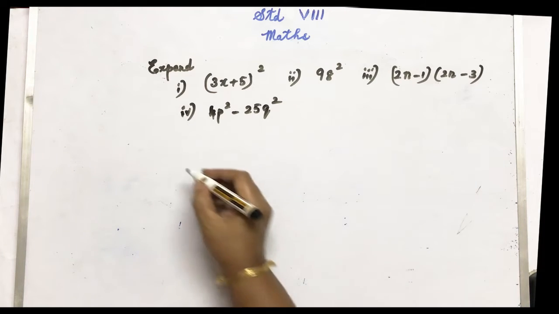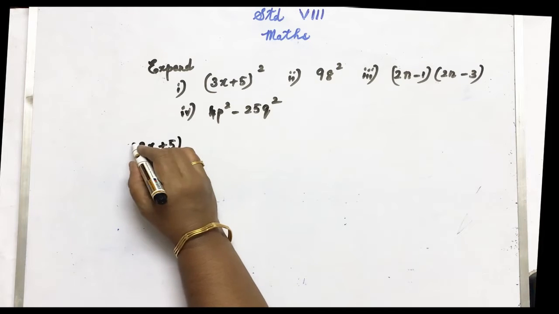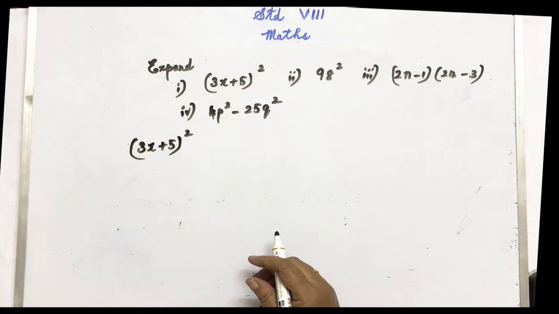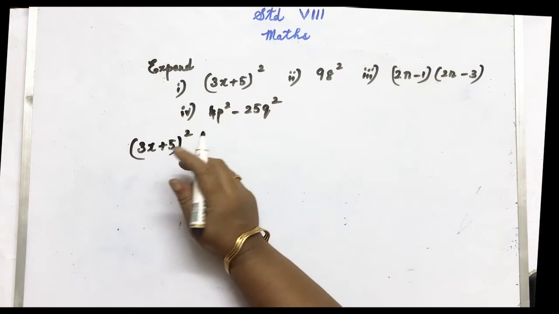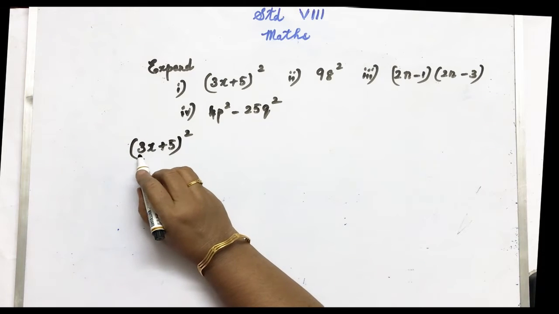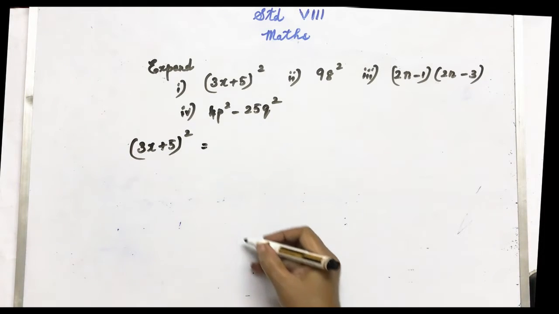Now first one is (3x plus 5) whole squared. Before doing the sum, first we should find out which identity we have to use. Here we have plus sign and we are having two terms. So of all the four identities, which form is this of?